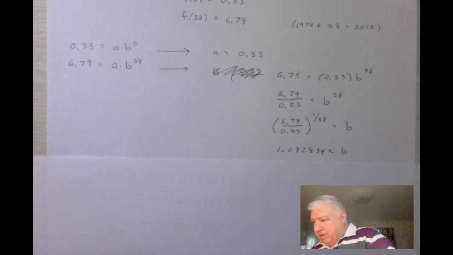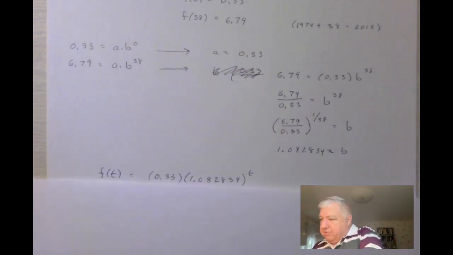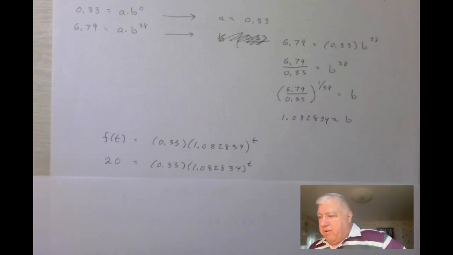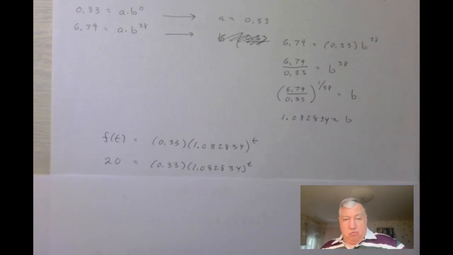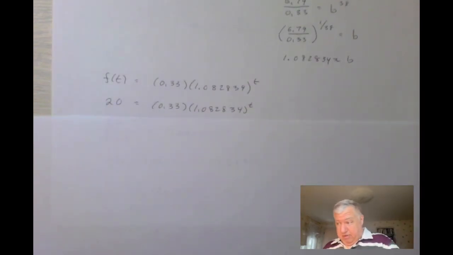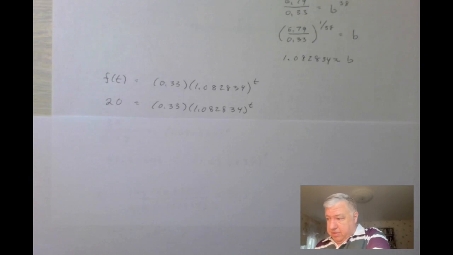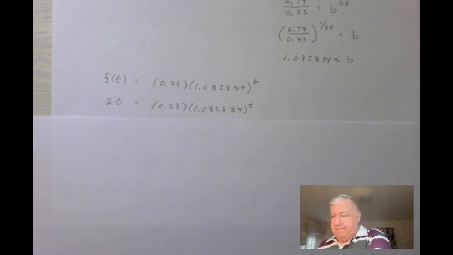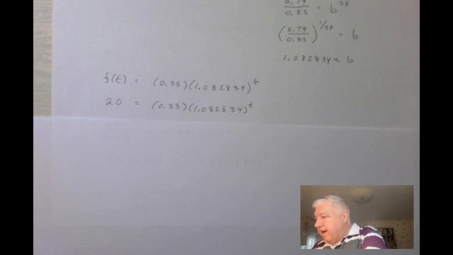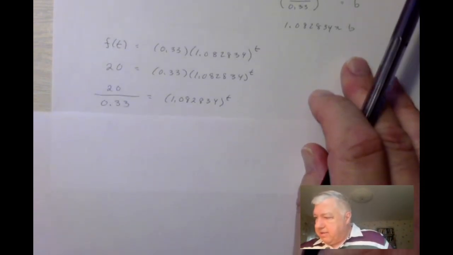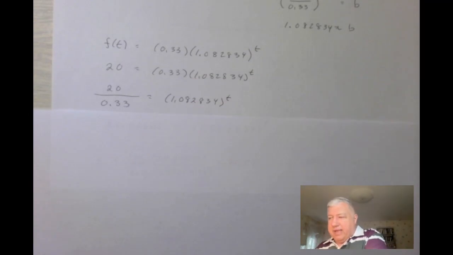Okay, so now we know what a and b are, and we want to find when f of t equals 20. So now we get to the solving-for-the-exponent part of this example. We want to isolate the 0.33, so we divide by 0.33. Then we can take the logs.